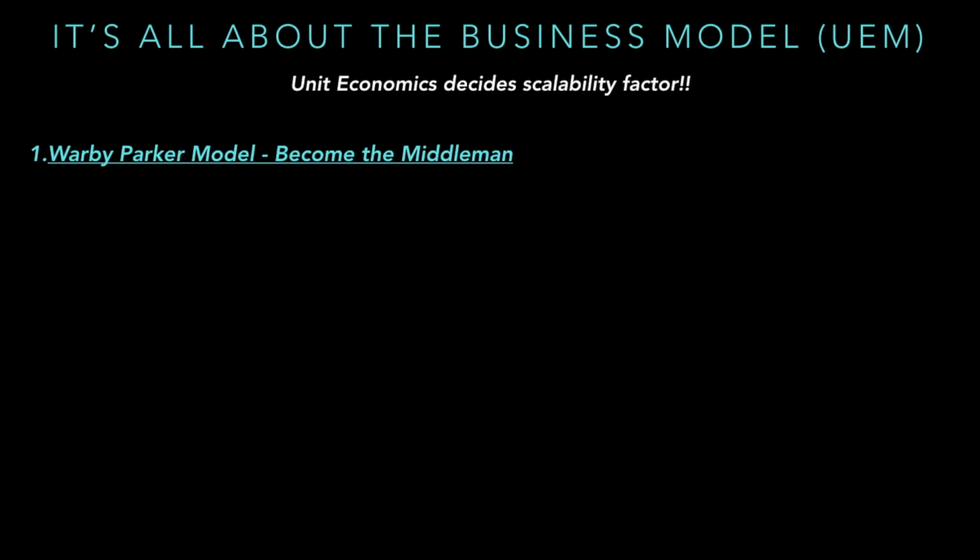Let's look at a whole new dimension of understanding unit economic model or various kinds of business models, and we'll do that by going through a couple of examples. In today's session, we'll focus on one of the landmark models, Warby Parker, where it's all about looking at the business from a completely different mindset and asking: is there an opportunity in the market to become the middleman?